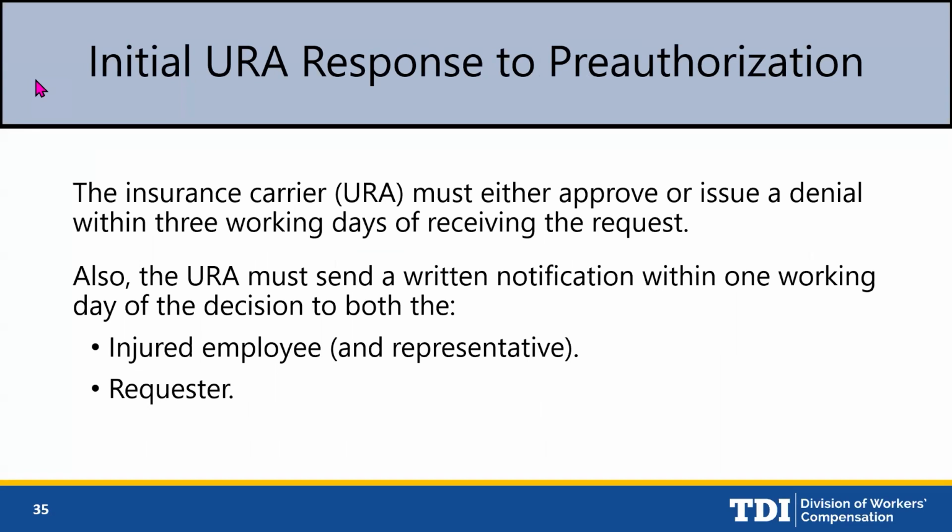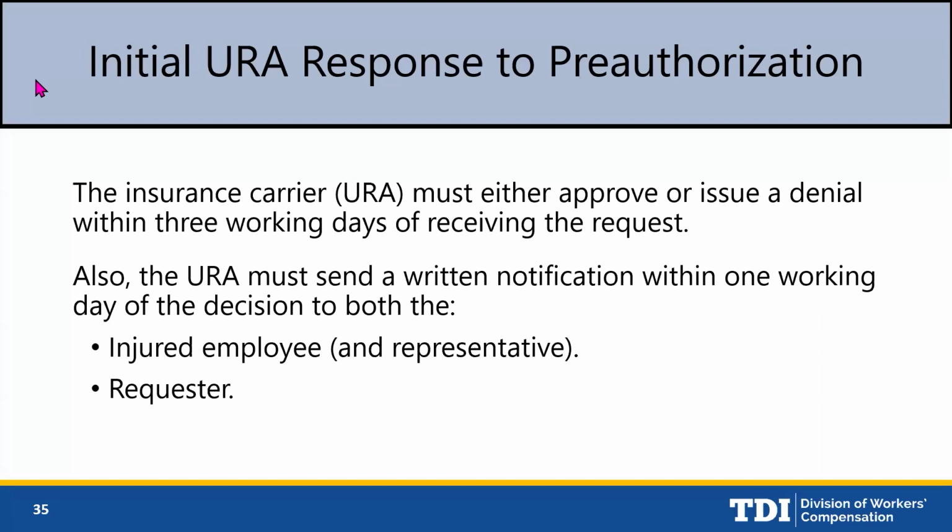The URA is going to respond to that pre-authorization request. They must either approve or issue a denial within 3 working days of receiving the request. 3 working days means if you request on Friday, day 1 will be Monday, day 2, Tuesday, day 3, Wednesday.